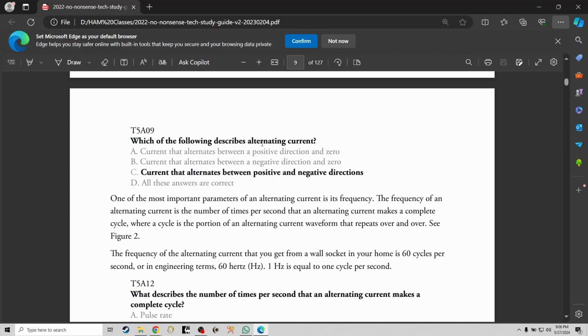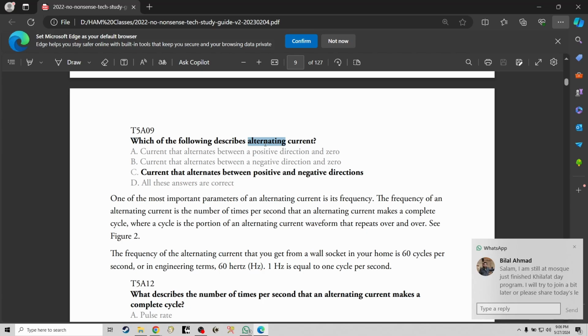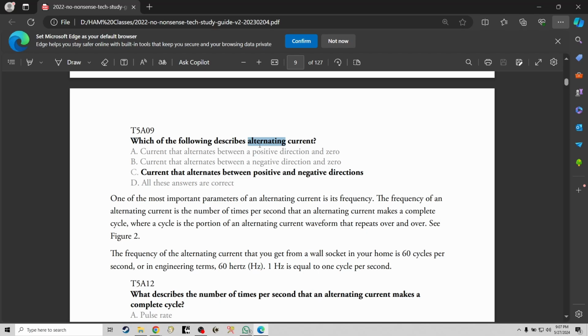Which of the following describes an alternating current, an AC? Current that alternates between positive and negative. Sometimes you will have good clues, and sometimes they're going to be deceptive. The word alternating shows up in all three of these answers, so be careful in reading everything.